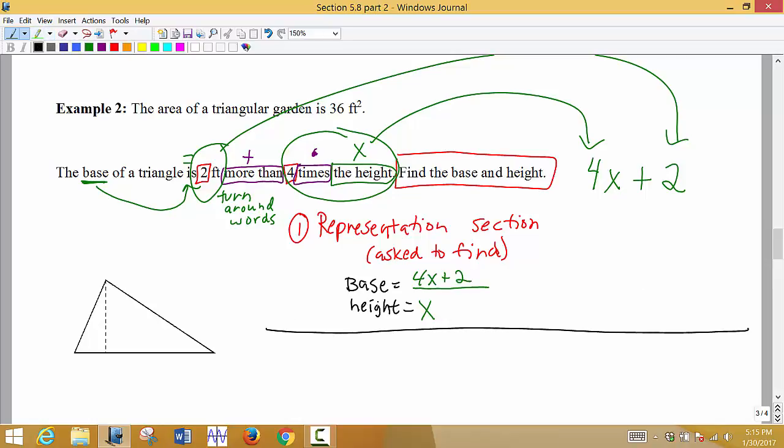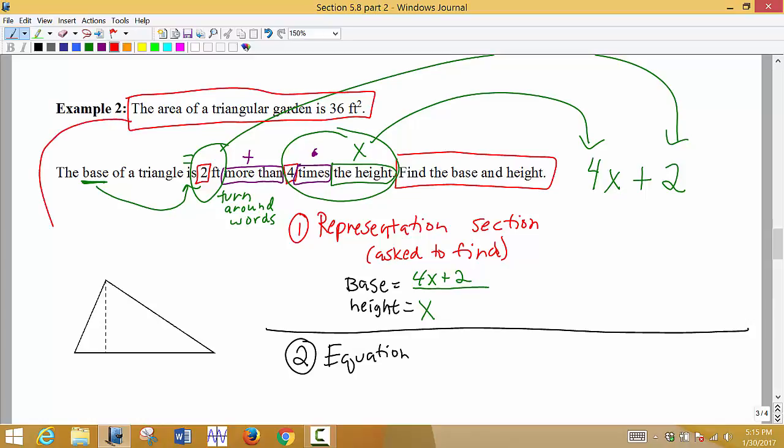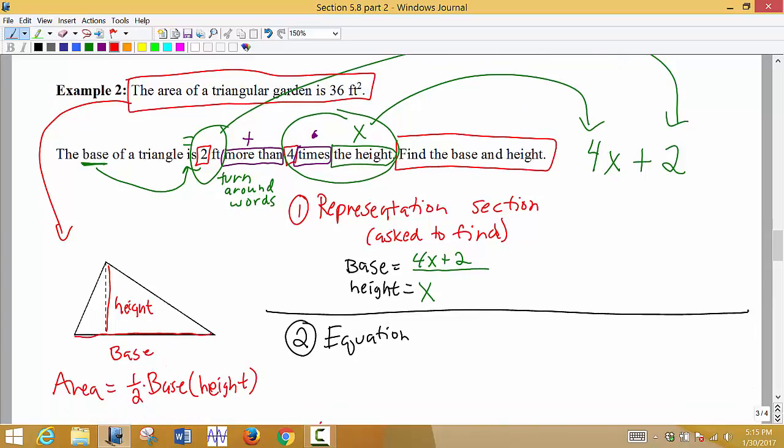Now that I have the representation section, we want to talk about an equation. This first sentence talks about the area of a triangle. To do the area of a triangle, I have a formula that says if I take the base of the triangle and the height of the triangle and multiply those together, and then I half that, or multiply it by a half, I will be able to find the area of that triangle.